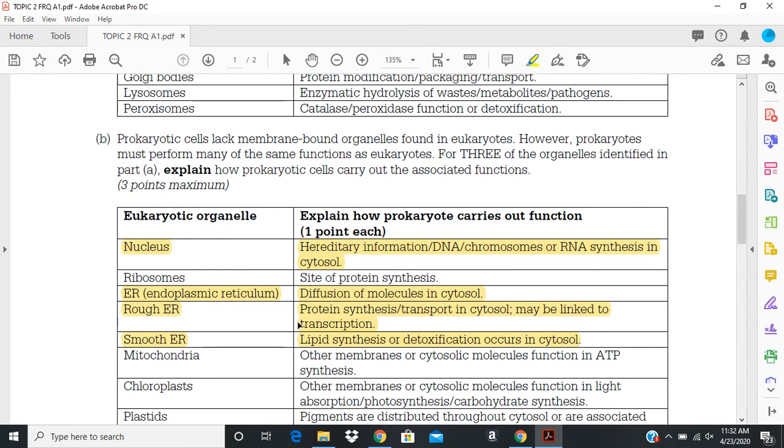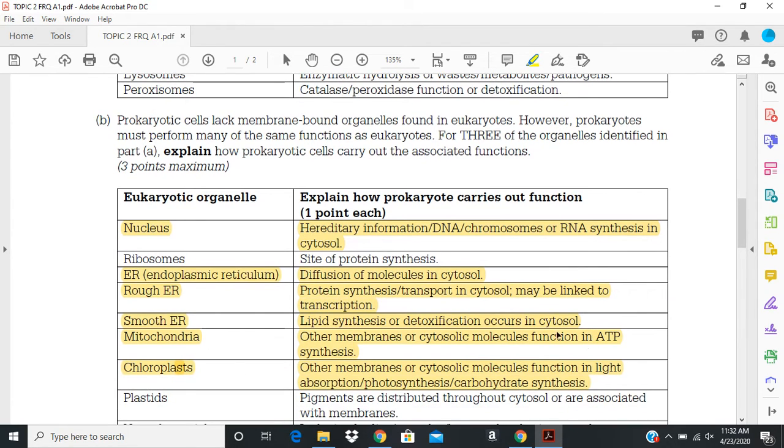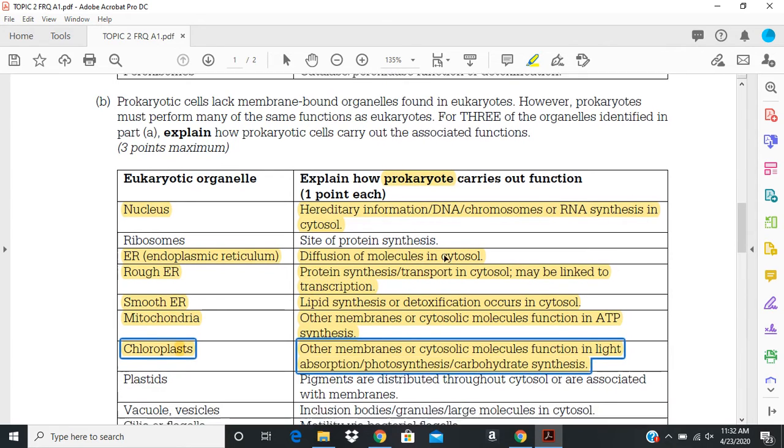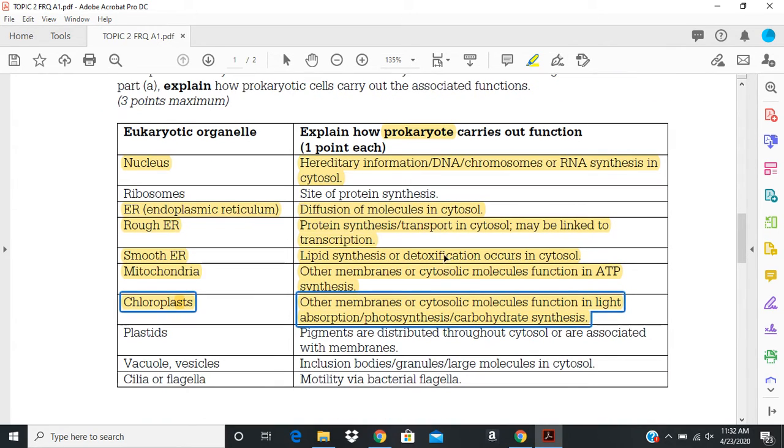If you mention mitochondria or chloroplasts, they're going to use membranes. They're going to use their cell membranes to carry out cell respiration and photosynthesis. Remember, these prokaryotes don't have membrane-bound organelles. So they're simply going to use their cell membrane in order to properly carry out the processes of cell respiration and photosynthesis.